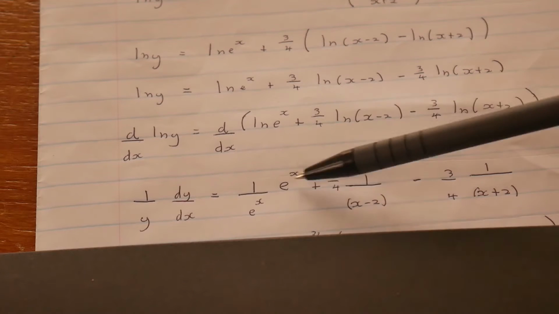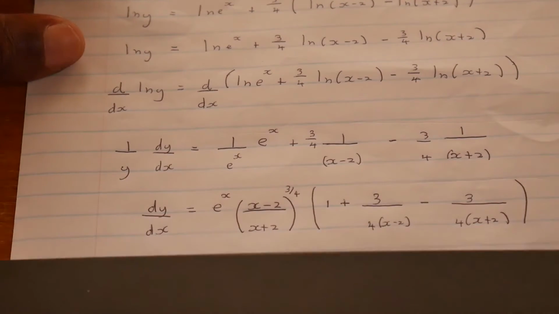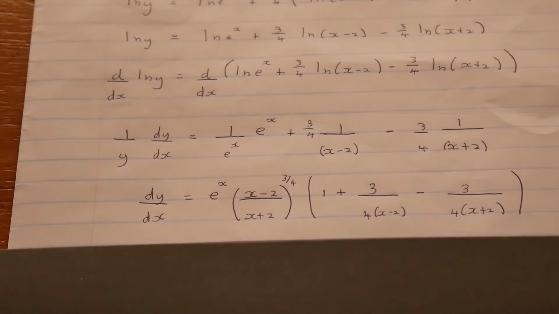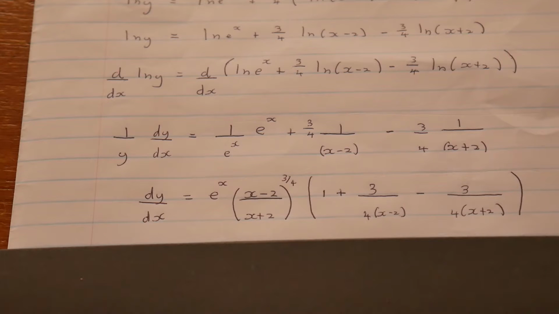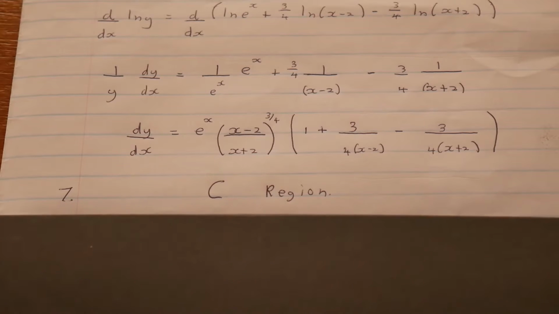And you see, I kept the same rule throughout. You can take your time and look at it if you want to pause the video. And once again, all I did was simplify, make the fractions look neater, and transpose for y. And that was the end of the D region.